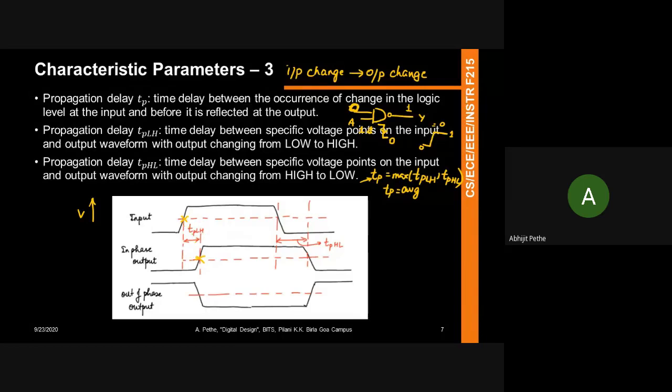The time delay between these two points is TP-LH. And similarly, the time delay between these two points is TP-HL. And vice versa. Here it would be TP-HL first and then TP-LH here. So depending on what you're measuring, normally we do 50% to 50%. So here I'm measuring delay from 50% input to 50% output.